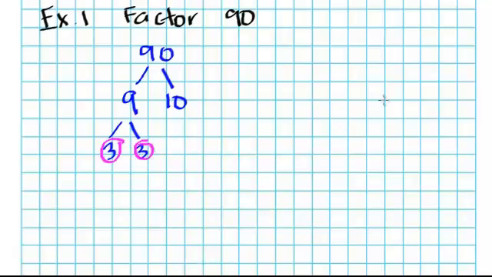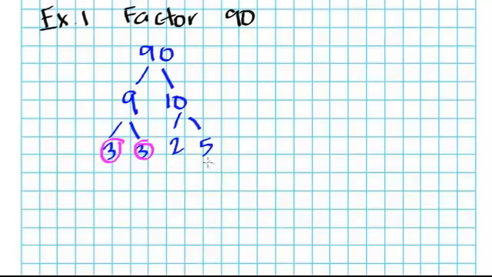of my factor tree. On the other side, I still have that number 10. Can I break this down even more? Yes, I can. If I divide 10 by 2, I also get 5. So 2 times 5 is 10. Is there another number that will divide 2? No, there isn't.